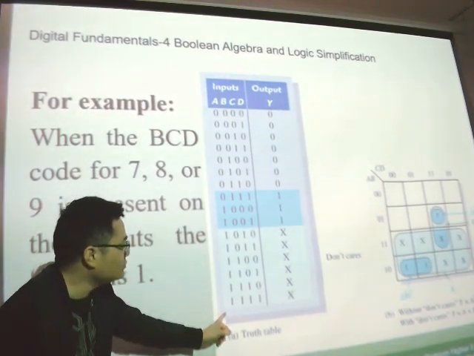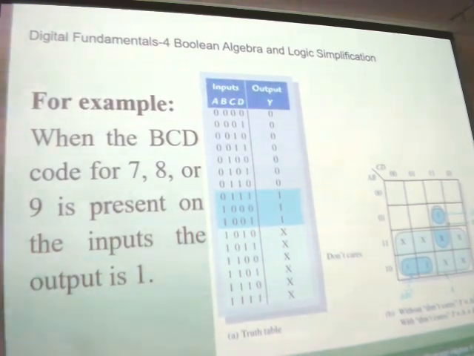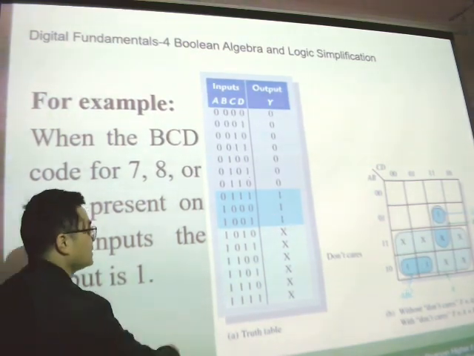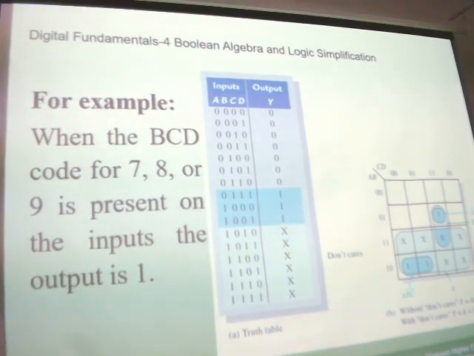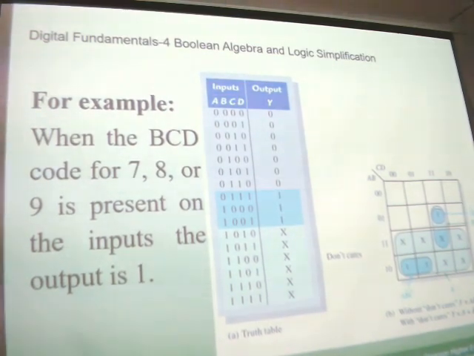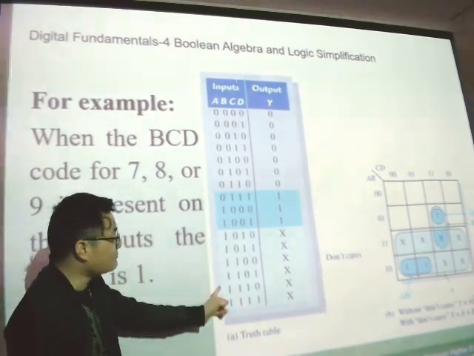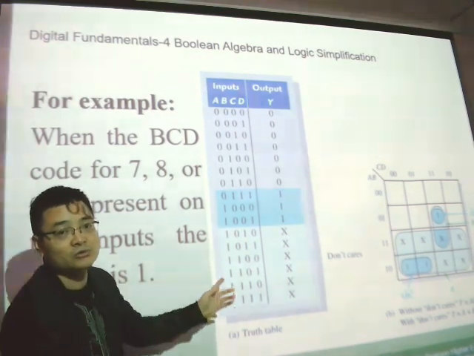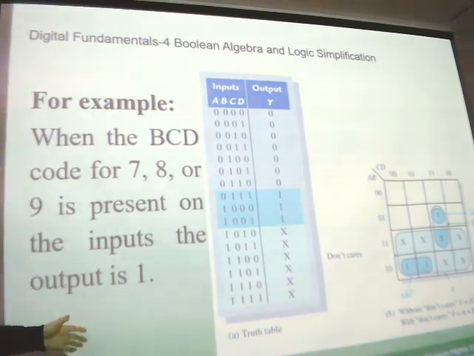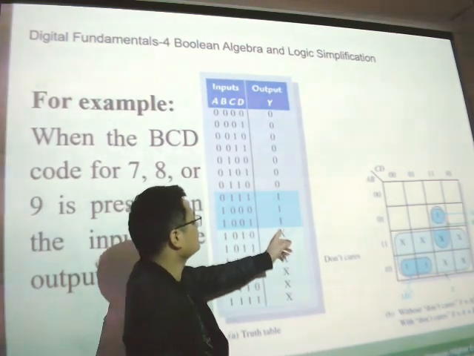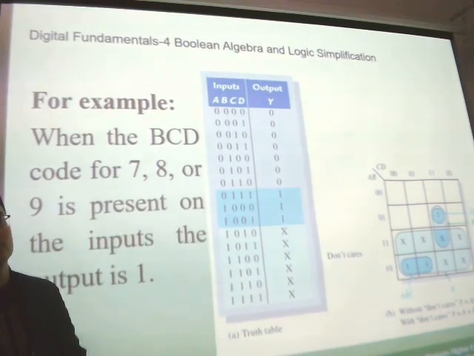From 10 to 15 are not contained in BCD code. So the six product terms are don't care terms, because these six values are not allowed to happen. Right? So the output is X. X represents 1 or 0.